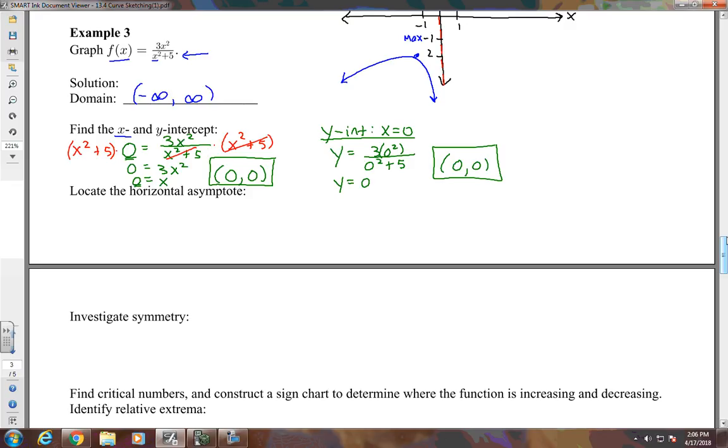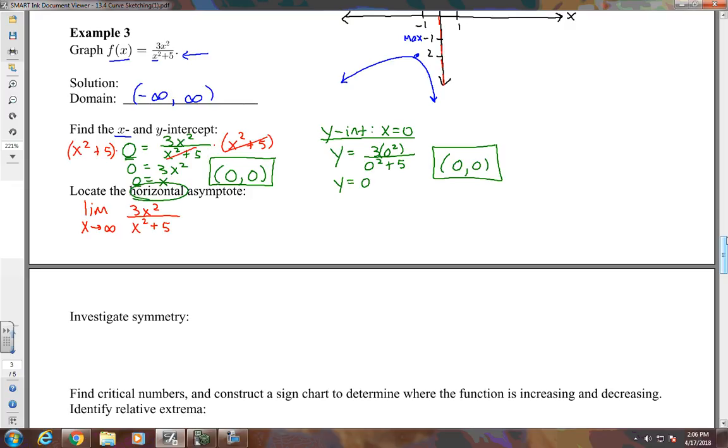Next, let's locate the horizontal asymptote. In this case, we're not looking for a vertical asymptote because the denominator is never 0. Now, to find the horizontal asymptote, we'll have to remember what we learned in our first chapter. We need to find the limit as x approaches infinity of the function 3x squared over x squared plus 5. This may be painful to remember, but it's good to review this because we'll see it again on our final exam.